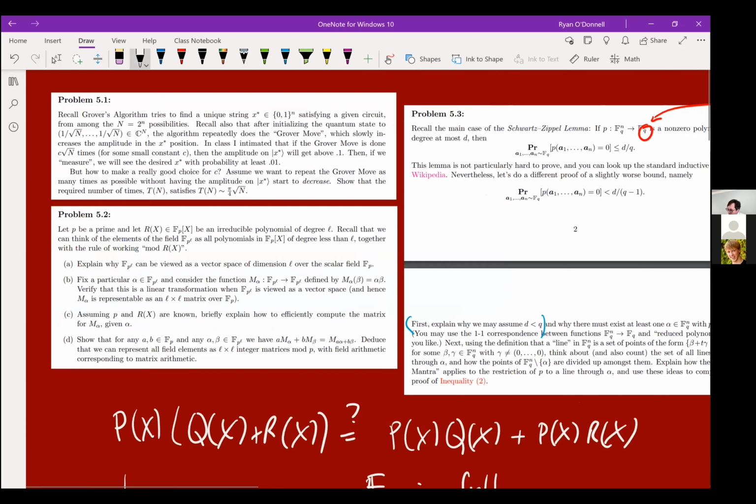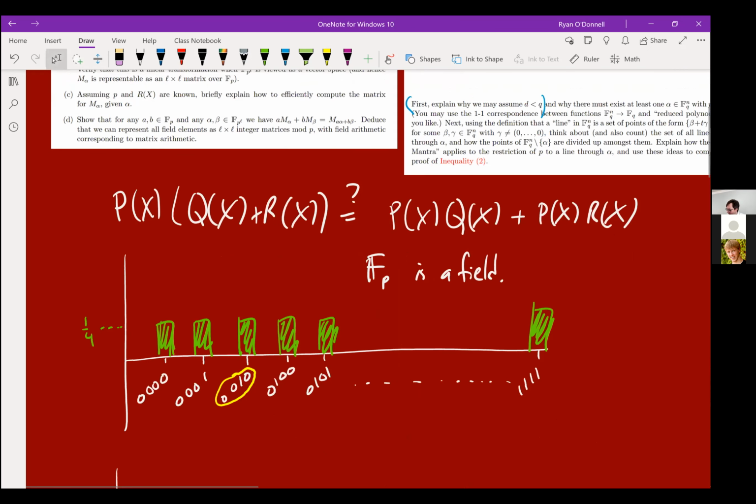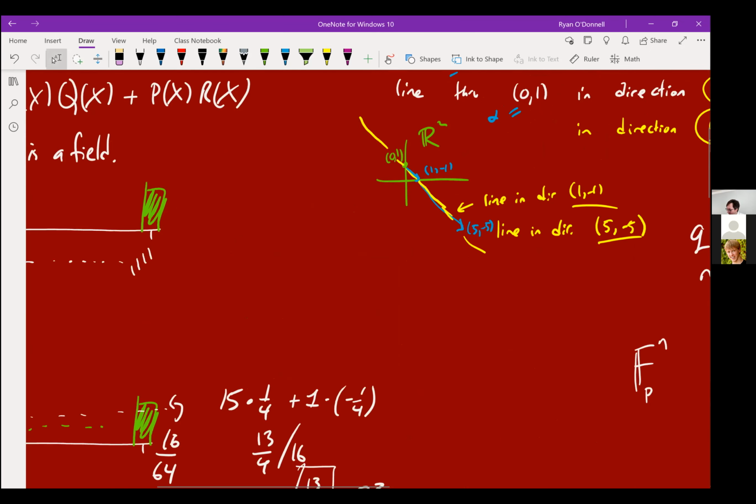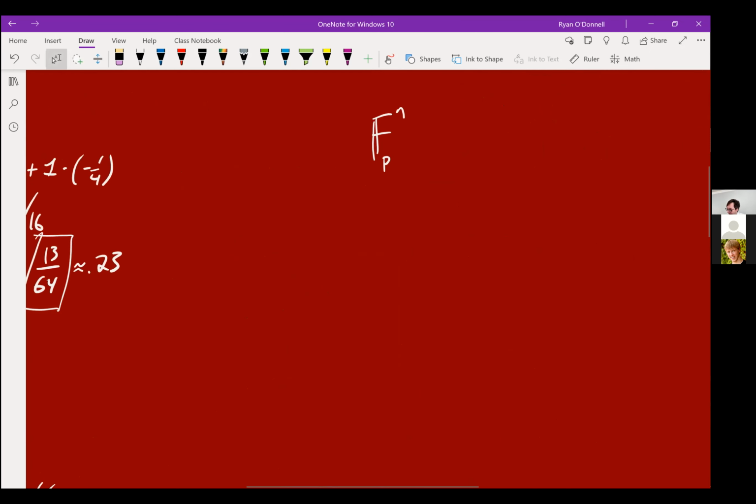in class I defined these fields modulo a prime power in terms of polynomials, a little bit informally. For example, let's do a specific example: F_9 is F_3 squared.